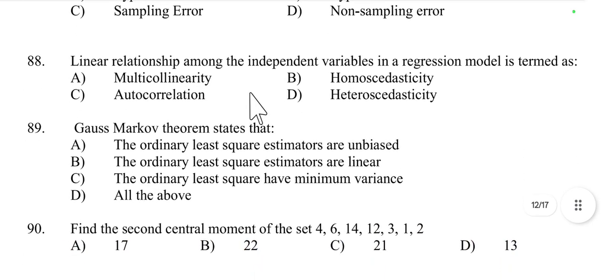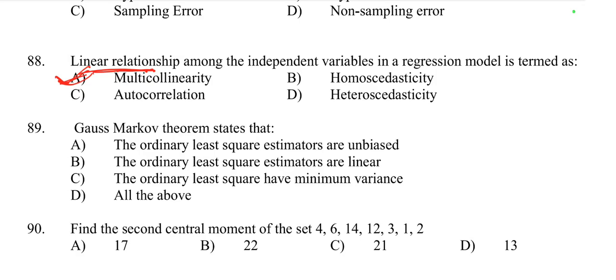Then question number 88, a linear relationship among the independent variables in a regression model is termed as multicollinearity, homoscedasticity, autocorrelation, or heteroscedasticity. So the question asks for a linear relationship among the independent variables in a regression model. That is called multicollinearity, so option A is right.